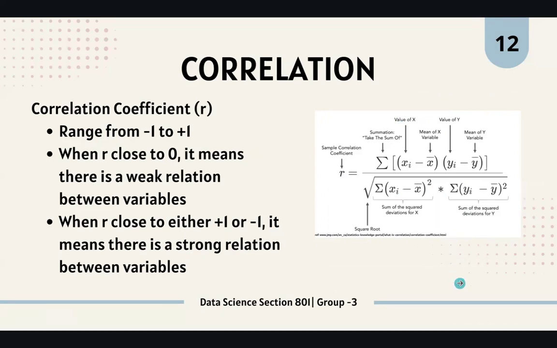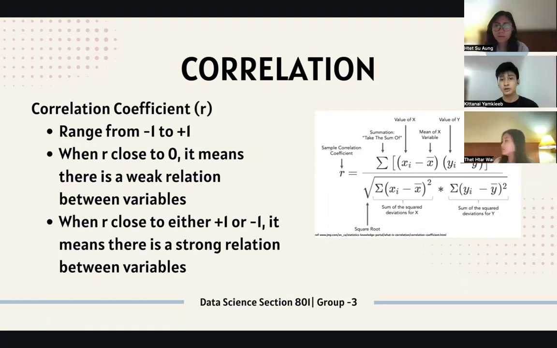Okay, so in this method, we use the correlation coefficient method, which is one of the statistical measuring methods that can find the relation between two variables in the dataset. The image on the right side shows the formula of the correlation coefficient.